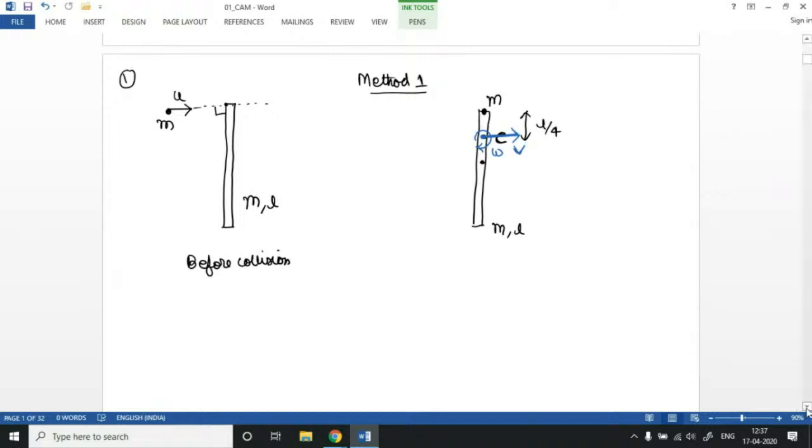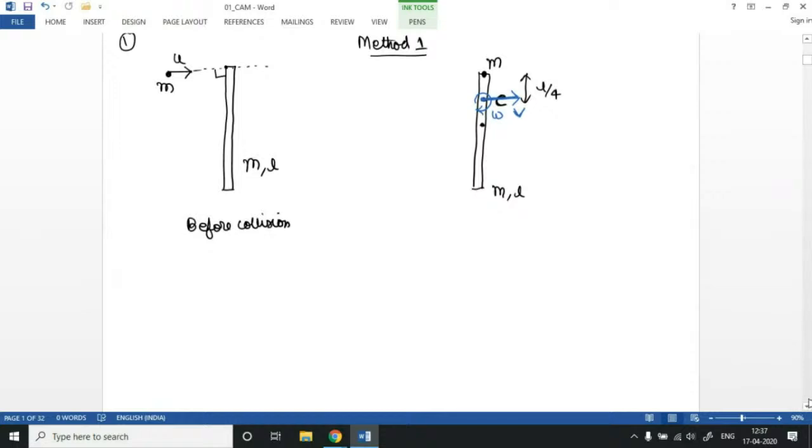In order to find v, finding v is rather simple. We simply would be looking to write the conservation of linear momentum only. On this system we can see that the net external force is equal to 0. Only during the collision they will be exerting force on each other, so that will be counted as internal force.